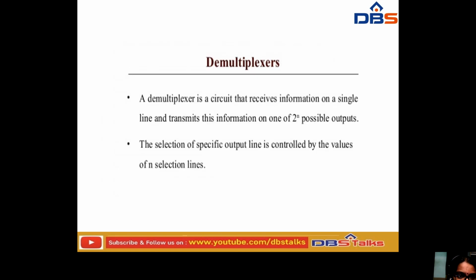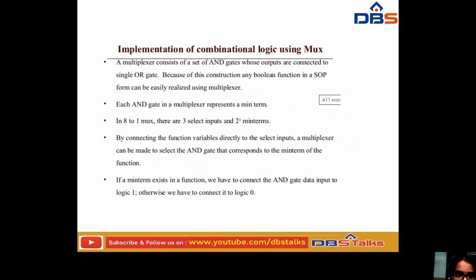Up to here we have discussed how we are going to implement these multiplexers.